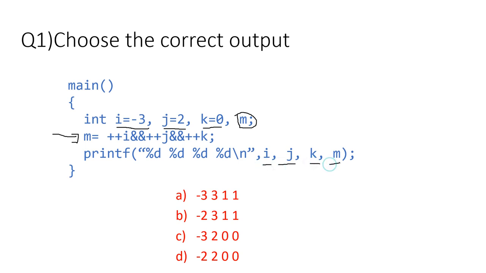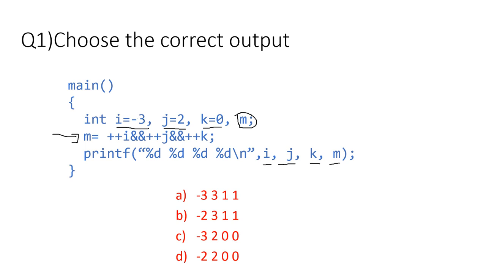So at the end of the program, what will be the value of these variables? Will it be -3, 3, 1 and 1, or -2, 3, 1 and 1, or -3, 2, 0, 0, or -2, 2, 0, 0? What will be the value?